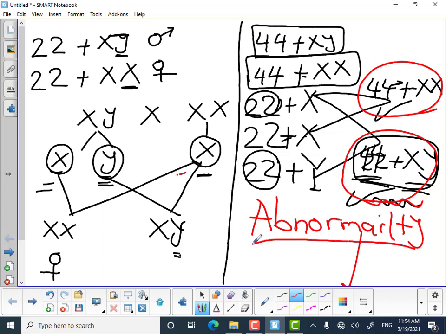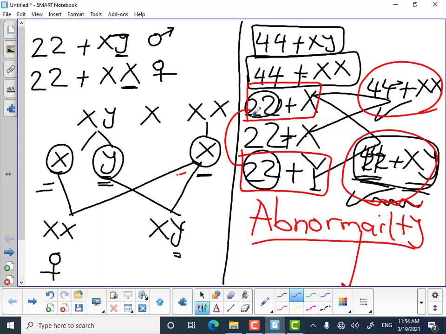Maybe it happens. What is meant by abnormalities? Abnormalities mean, like we said, these gametes, which are 22 plus Y or 22 plus X, are formed from meiosis division, like we said before.